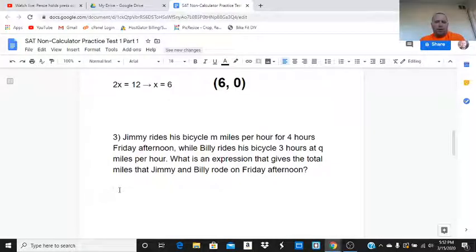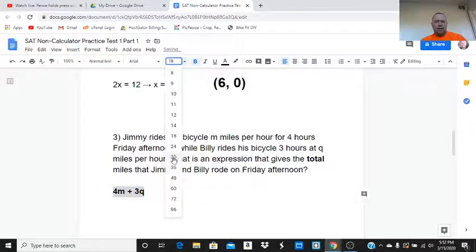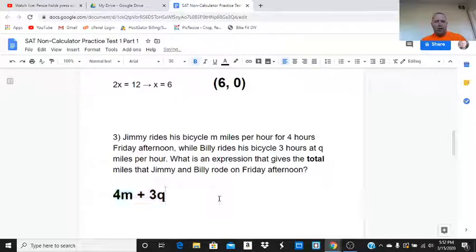Okay, so Jimmy's riding for 4 hours, and we're going to multiply that by the miles per hour, so we have 4m, and we want the total that the two of them rode, so we're going to add it to what Billy rode, and Billy rode his bicycle 3 hours, so we're going to multiply that by q. And that's going to give us 4m plus 3q.